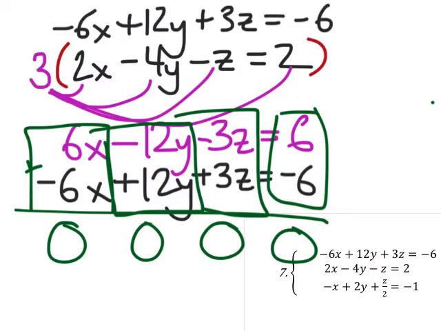Alright, so what does this mean? As it turns out, all this is telling us is that 0 equals 0. And that's always true.